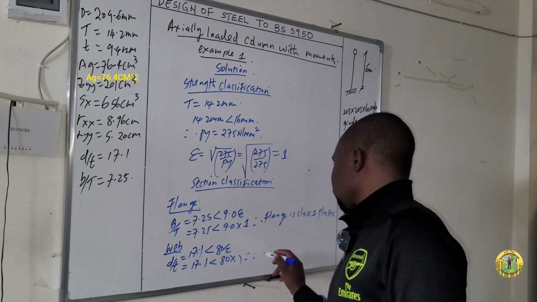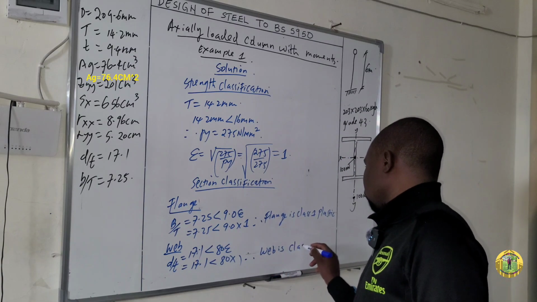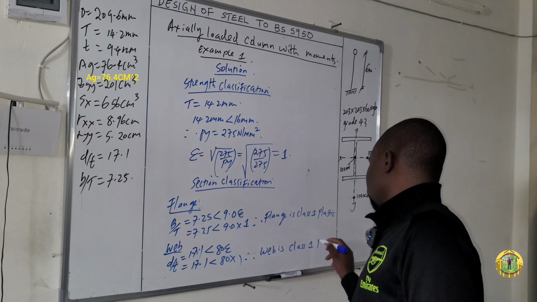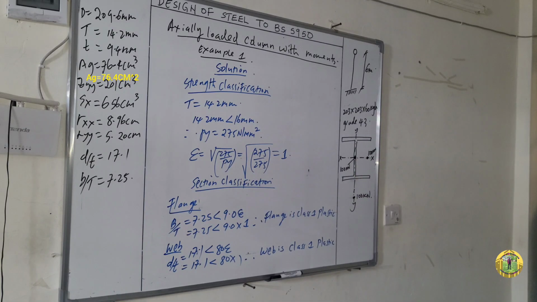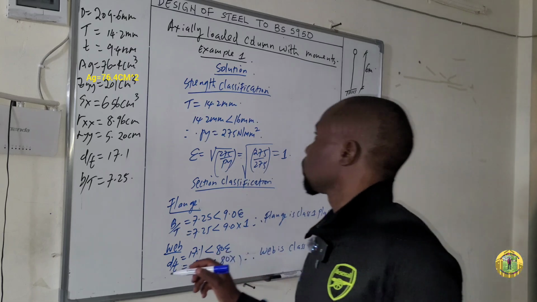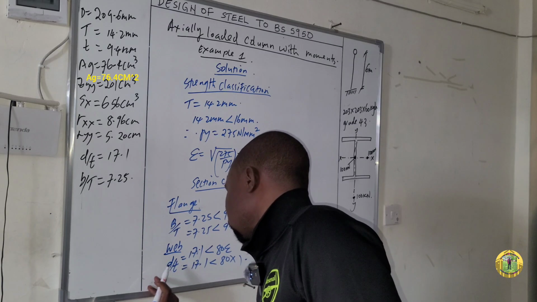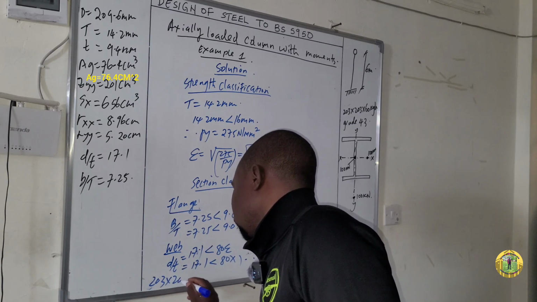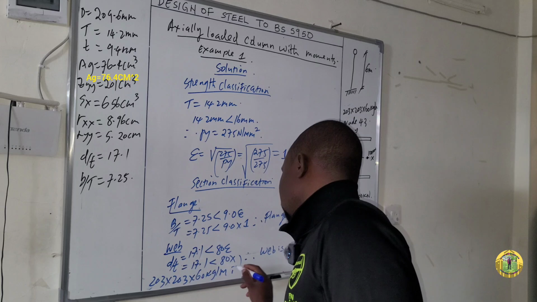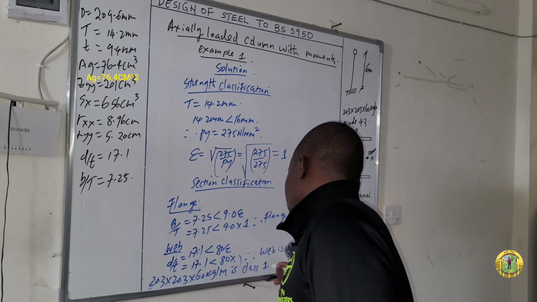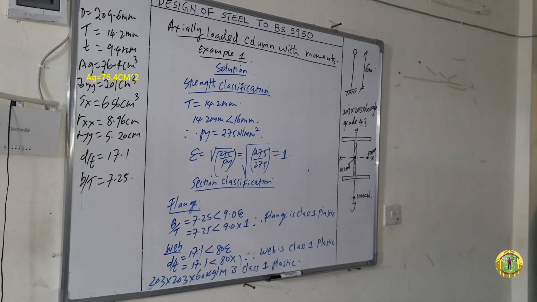Therefore, the web is class 1 plastic. So the section 2 or 3 by 60 kilogram per meter is class 1 plastic. So we are already done with the classification.